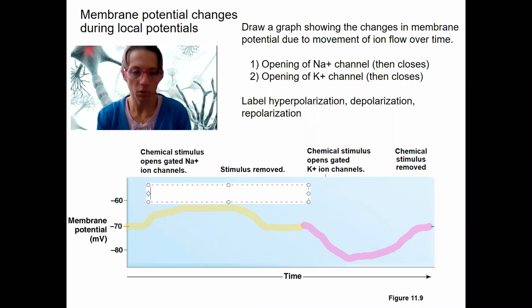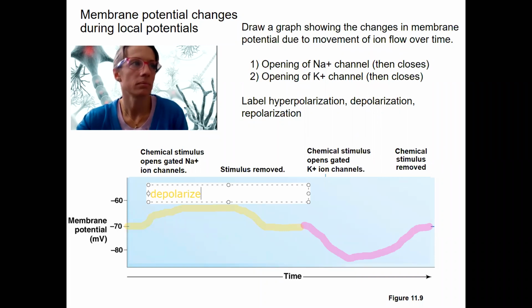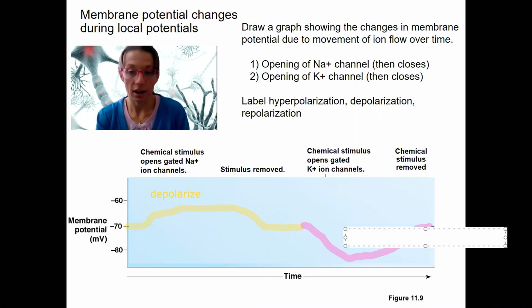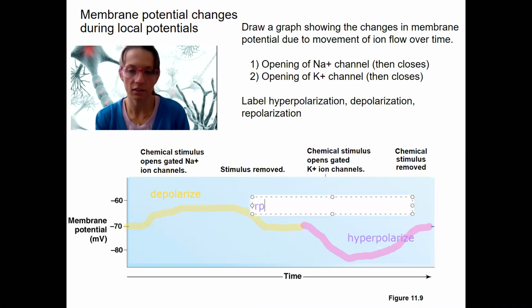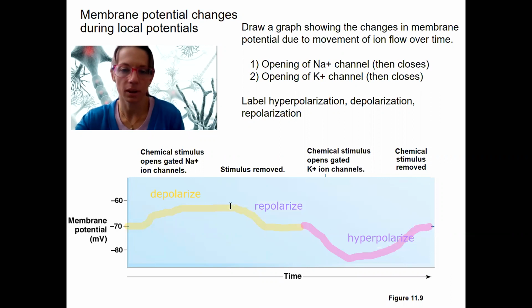So here we've got a depolarize. Here we've got a hyperpolarize. What does hyperpolarize mean? It means really polar. It's more polar than it was before. Yes, I got that. And then we have a repolarize as we're going back negative again. Going back towards rest. So anything going back towards resting membrane potential is repolarizing.